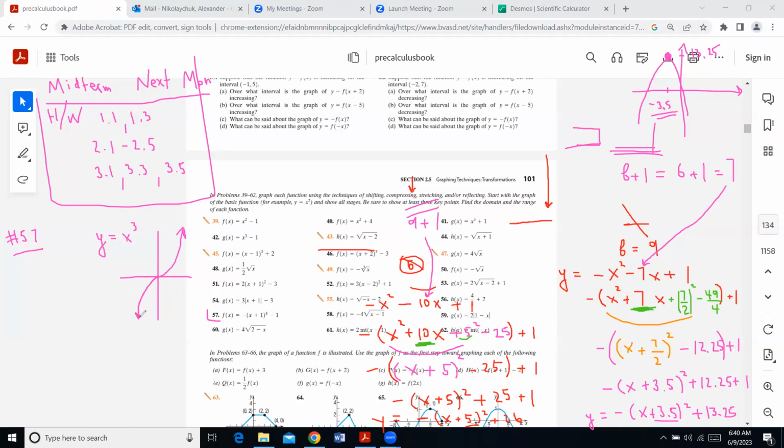So this is our cubic parabola. So now I need to deal with a negative in front of it, so I can show a few steps here. So the first transformation, for example, would be graphing the negative in front of x cubed. So this is the one we start with.